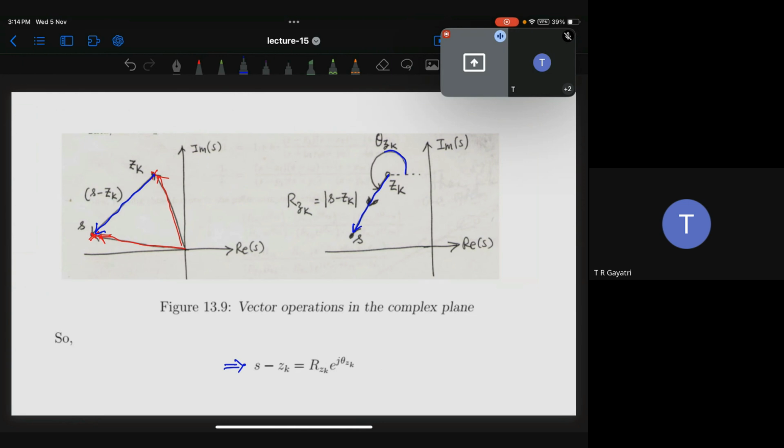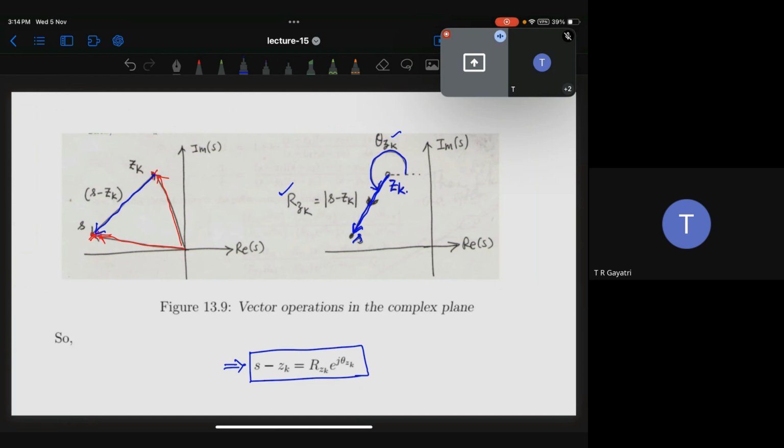This is the angle theta zk. Then you have this s, you have this zk. This is the magnitude of this vector, and this is the angle. So you can represent any vector as r zk e power j theta zk.